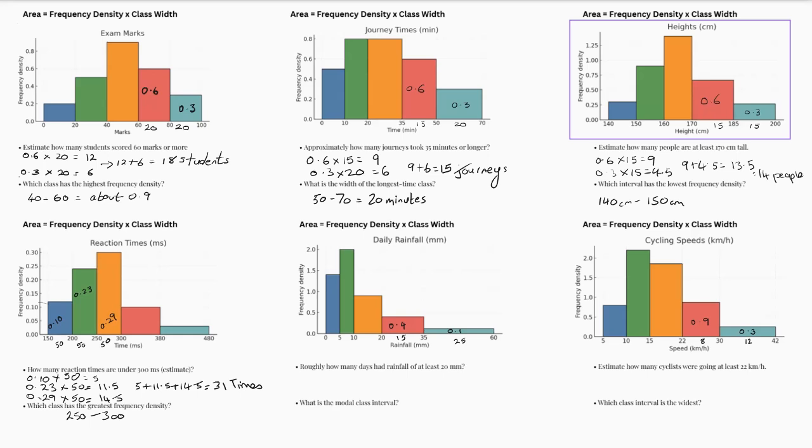Next one, filled it in. So we want the FD, which is 0.4 times 15.